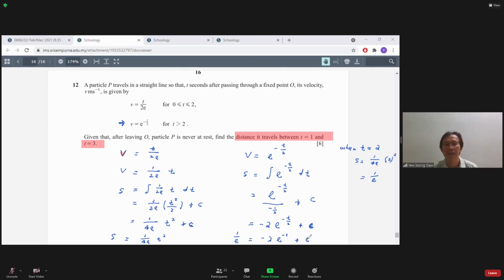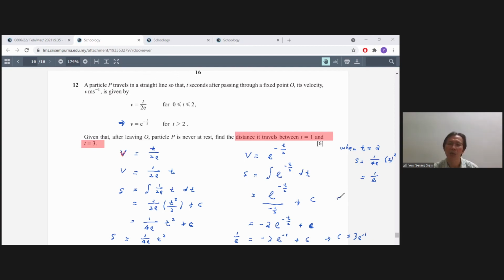Okay, we want to find the C. So C equals to, this one actually is also e negative 1. So you bring it over to this side, plus 2e negative 1. So altogether we get 3e negative 1. So C equals 3e negative 1. Okay, after you find this, then you can write your equation.